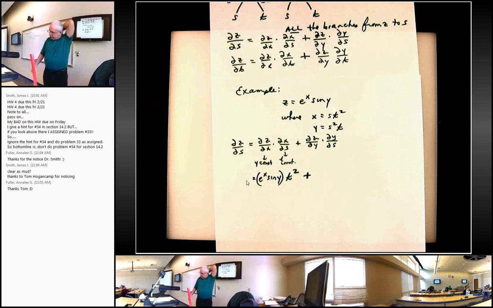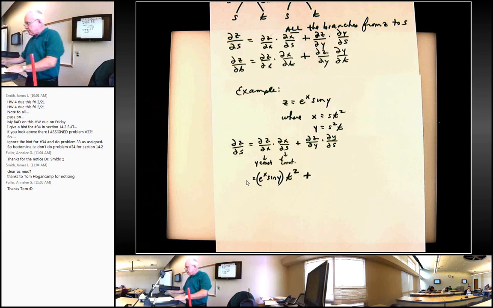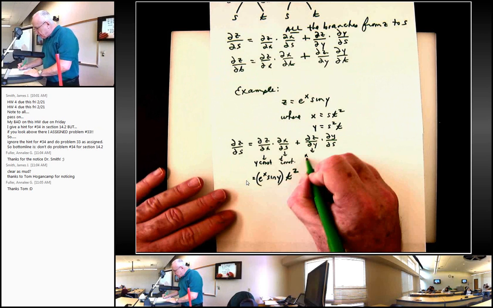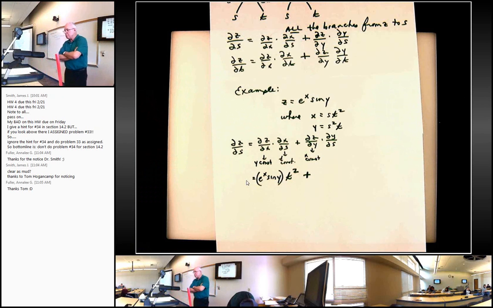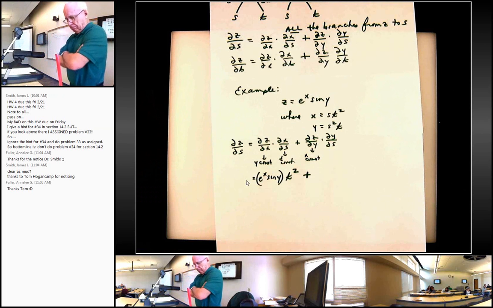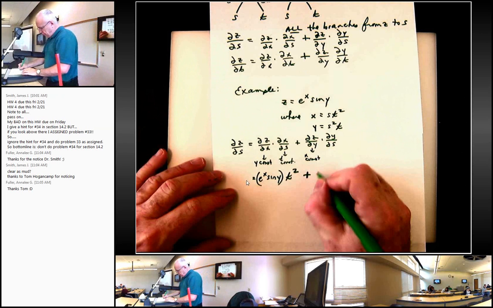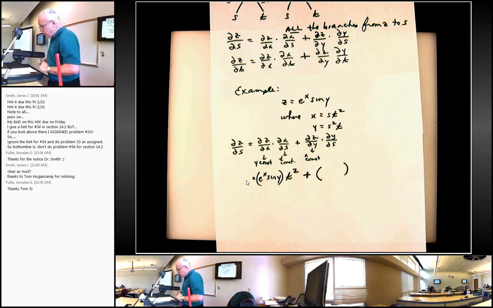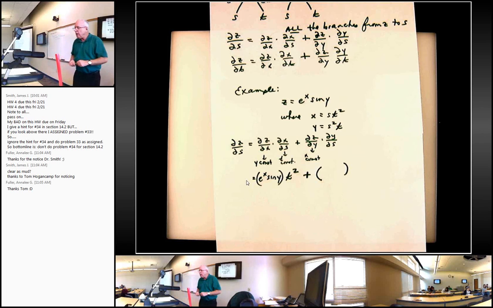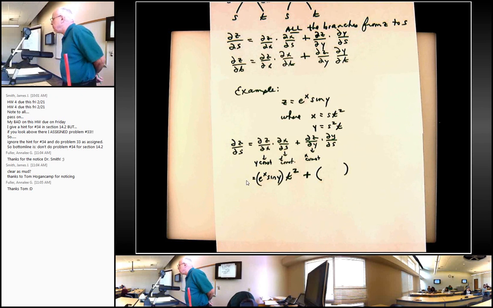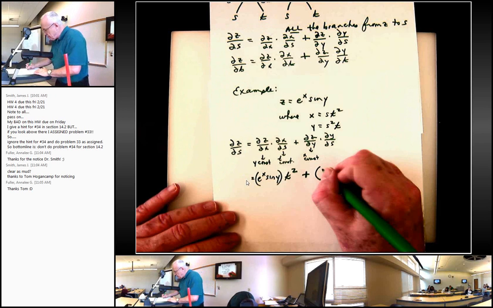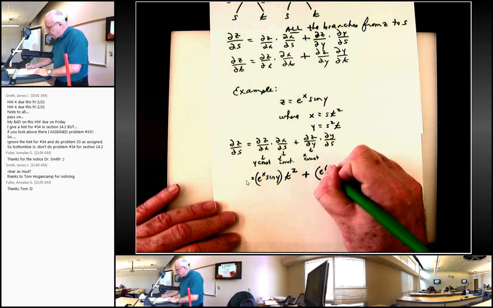And now ∂z/∂y. Now this time around, x is a constant. So what am I going to get there? This is what I'm working with. x is a constant. y is our variable. e to the x, that stays there.